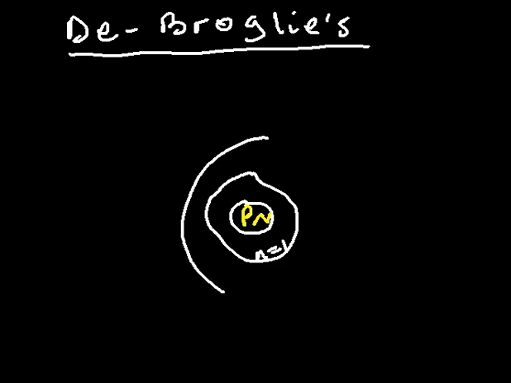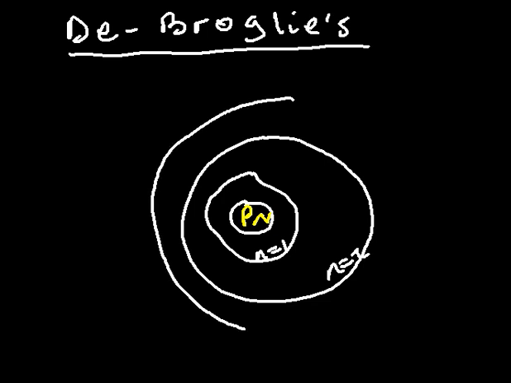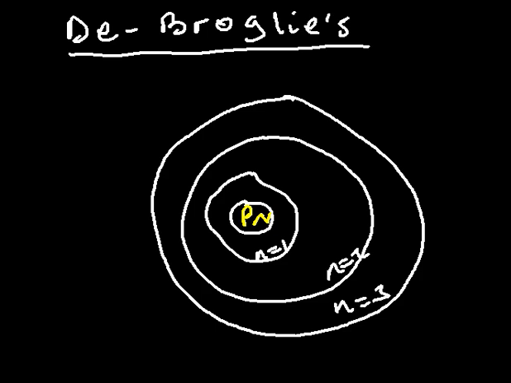Outside the nucleus are the energy levels. Let's say this is energy level 1, this is energy level 2, and this is energy level 3, and so forth.